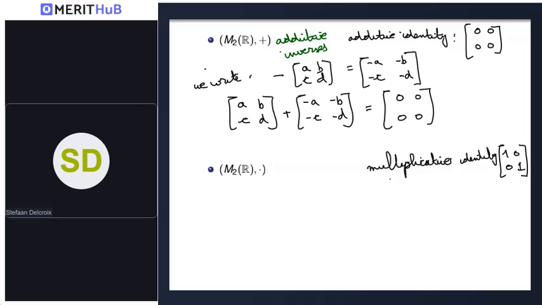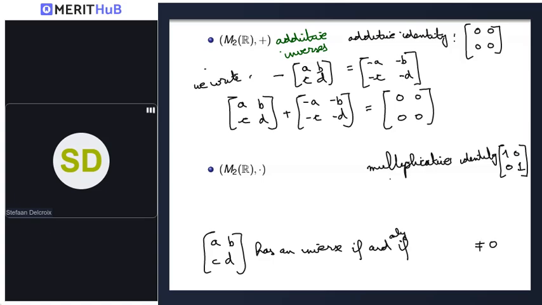In fact, a formula that you didn't need to remember: a 2 by 2 matrix A, B, C, D has an inverse if and only if a certain number was not zero. Does anybody remember that number?